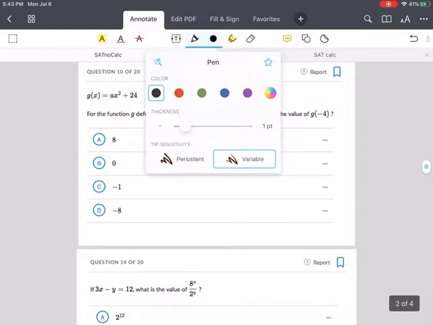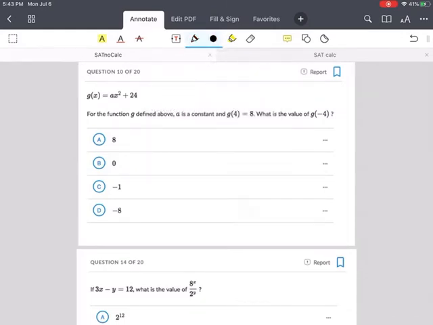So our next question reads, g of x equals ax squared plus 24. For the function g defined above, a is a constant and g of 4 is 8. What is the value of g of negative 4?